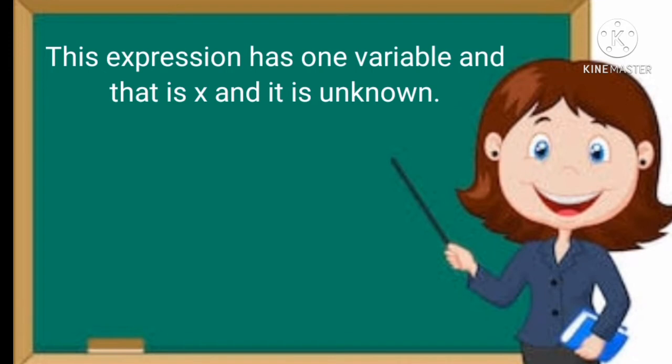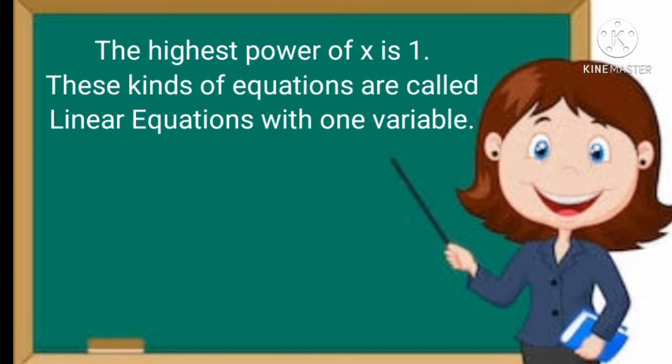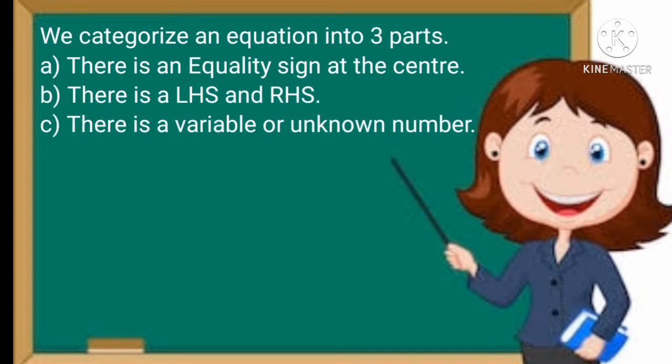This equation has one variable, that is x, and it is unknown. The highest power of x is 1. These kinds of equations are called linear equations with one variable.